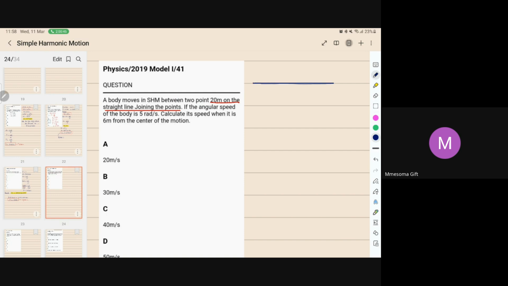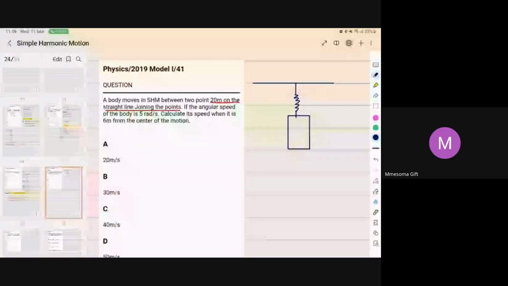This is a straight line. That means it should be more like mass on the spring. So let's have something like this. Then we'll have the spring. Then let's have the mass attached to it this way.